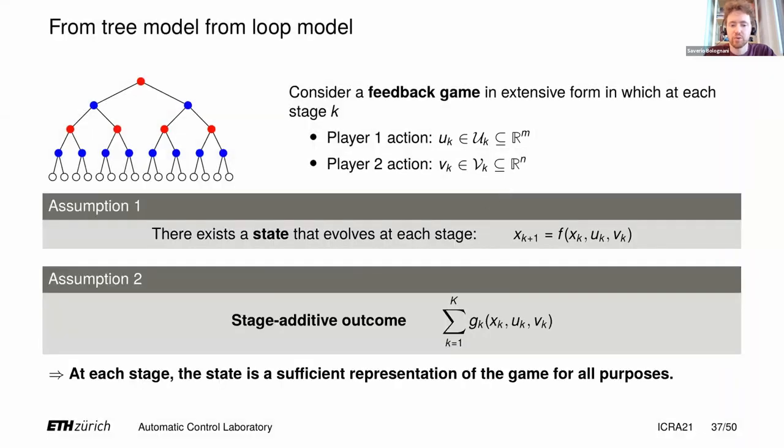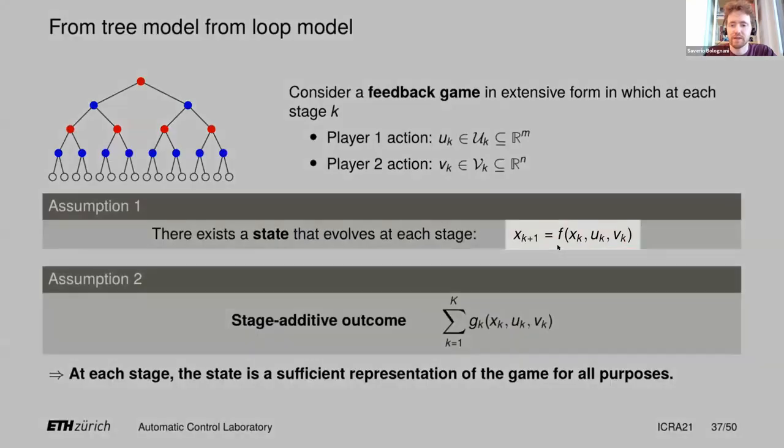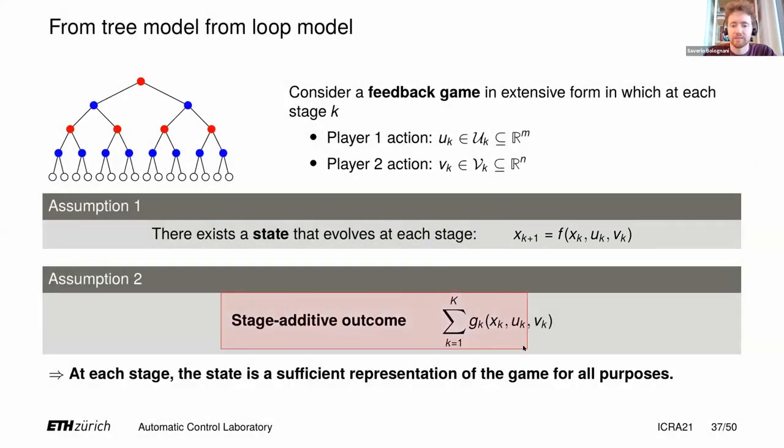Now, if you have these 2 assumptions: assumption 1, there is a state that evolves at every stage, x_{k+1}, a function of the previous state of the game at stage k, input u for player 1, input v for player 2. And assumption 2, you have stage-additive outcome.